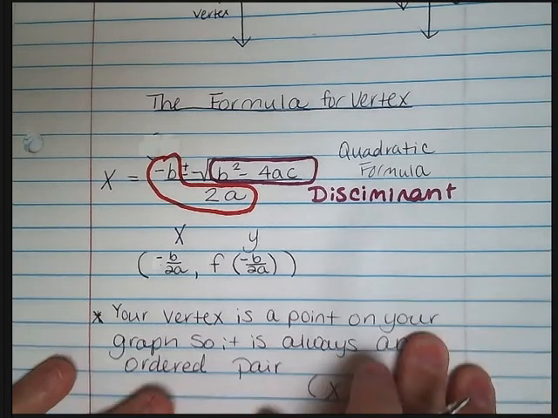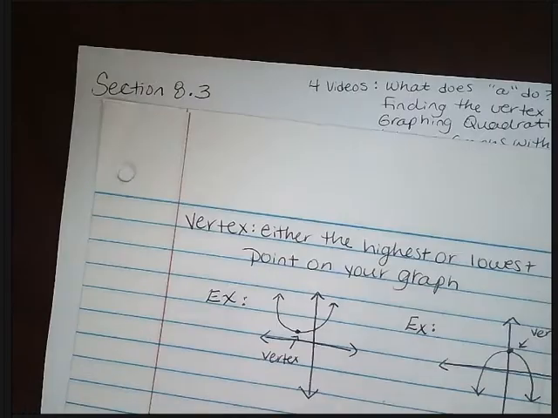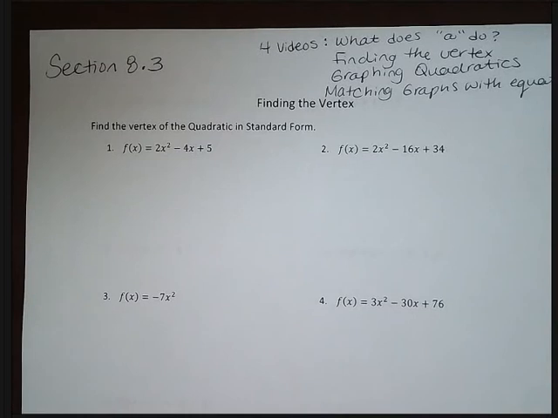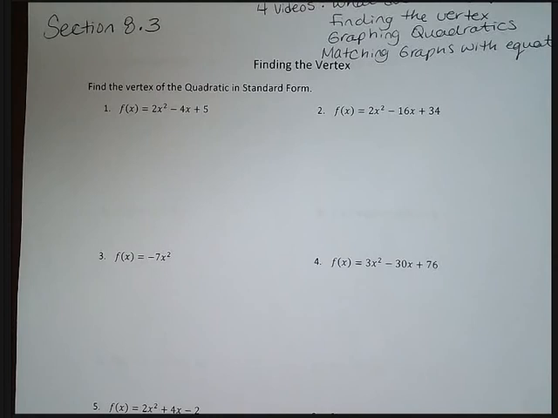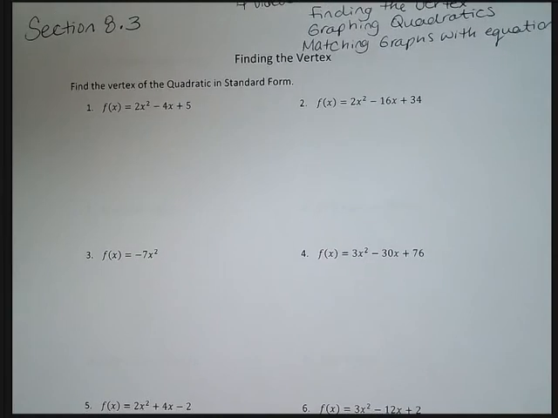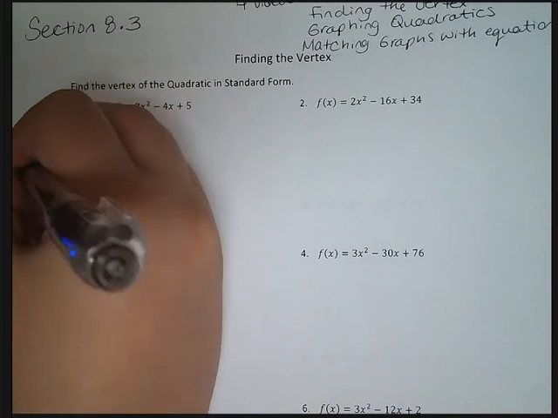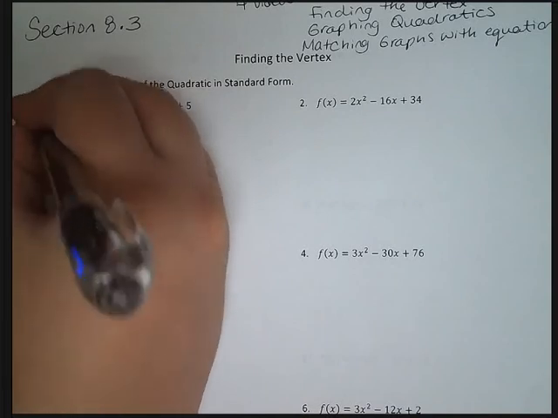So let's go ahead and look at this Finding the Vertex handout. You should have this one if you were in class this day. So let's look at number 1. The very first thing that we are going to want to do is identify our A, B, and C. That is step 1.